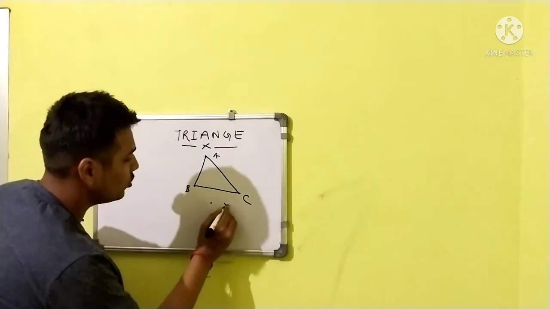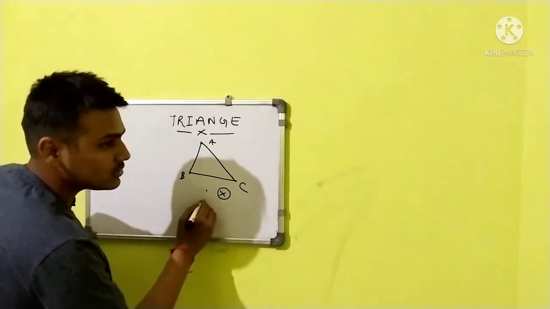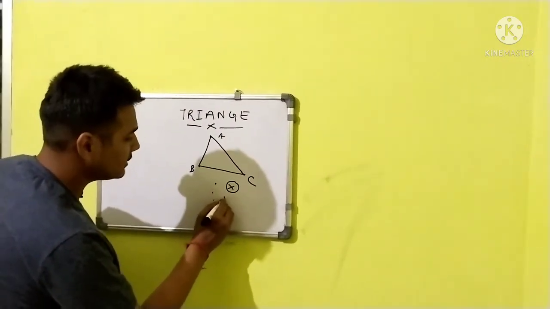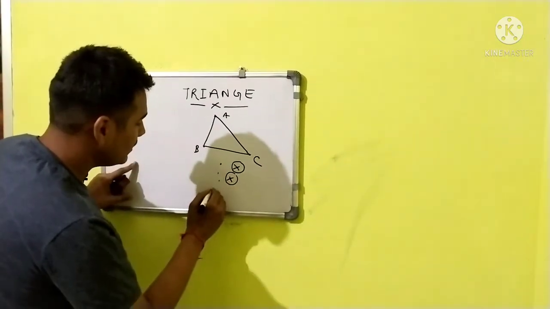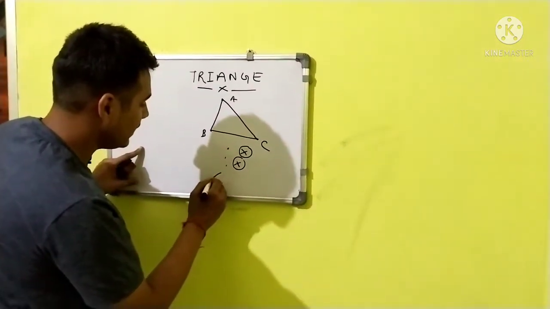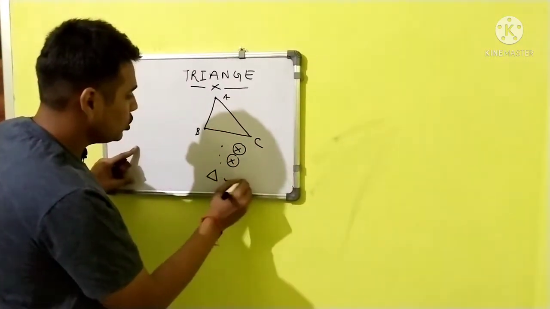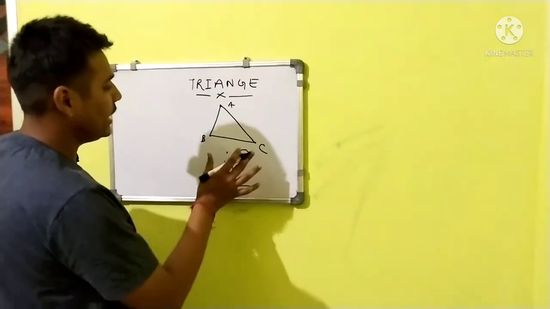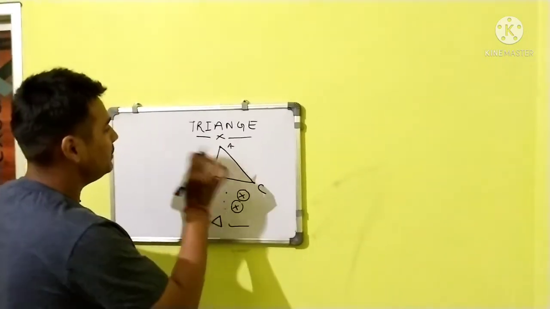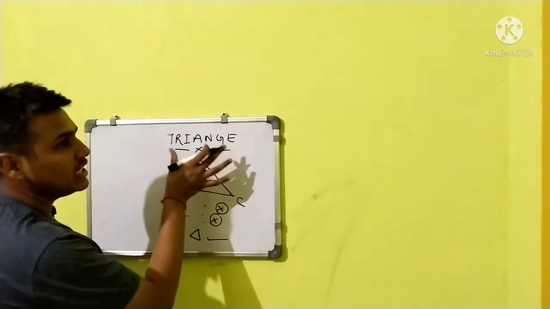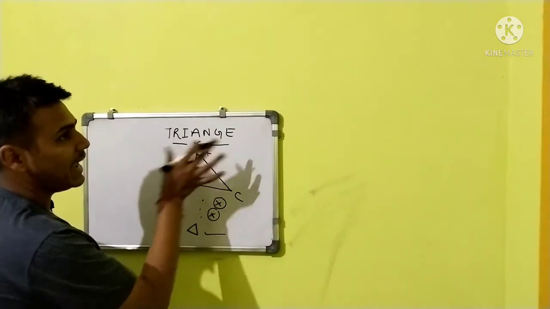Your answer is no. Can you draw a triangle from 2 points? No. Can you draw a triangle from 3 points? Yes, this is a triangle. So it is clear that you need 3 points to make a triangle.